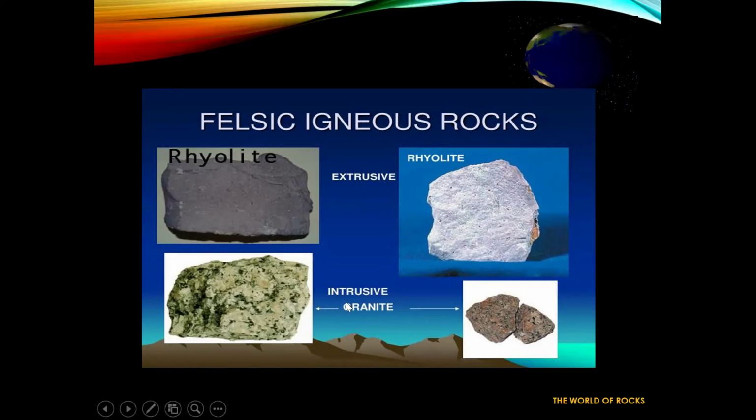Intrusive igneous rocks are those resulting from the solidification of magma below the surface. So they have coarse grains, whereas in extrusive igneous rocks we can see fine grain. Here we can see the grains with our naked eye. Here it is very fine grain.